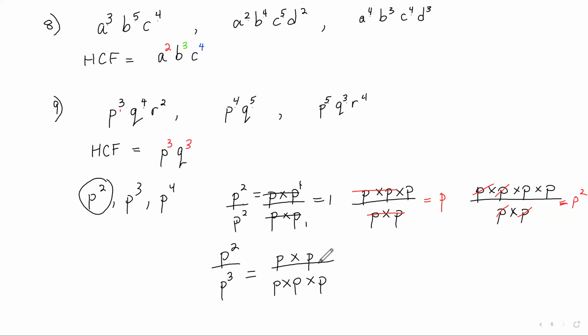So what would happen here is that the numerator will fully cancel, but you would still have a remainder on the bottom of p. So this is why you choose the lowest power of p, because all of them would be able to be divided by it without it leaving a remainder. So that's the reasoning behind why we choose the lowest power of the term.